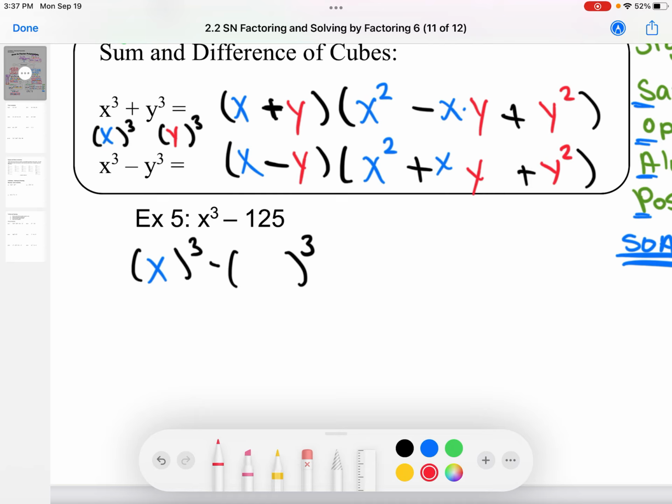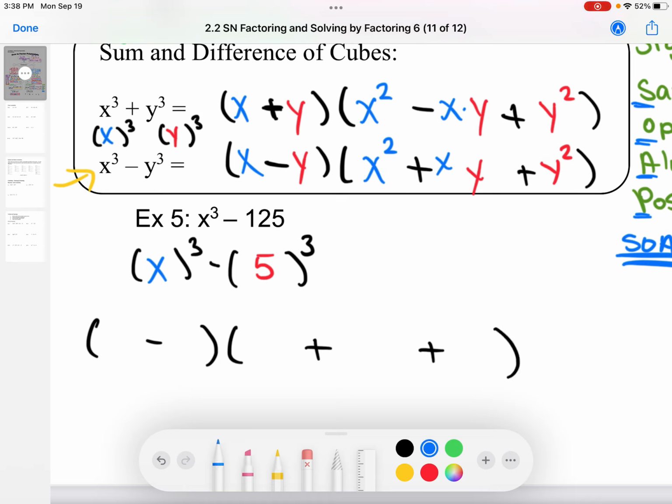That second term, 125, we cube 5. 5 times 5 times 5 is what gives us 125. So in order to factor that, we're using the subtraction formula on the bottom. First parentheses has the same sign, subtract. Second parentheses starts with the opposite sign, plus, and ends with an always positive.